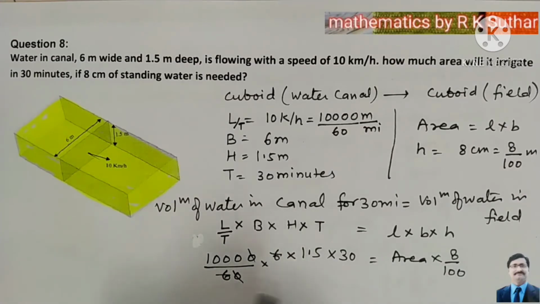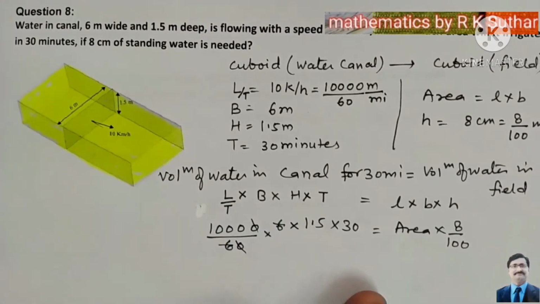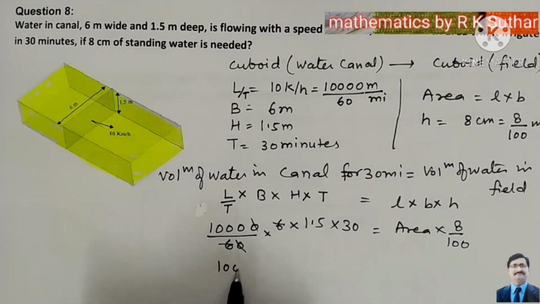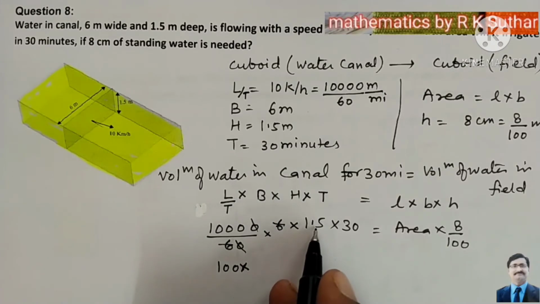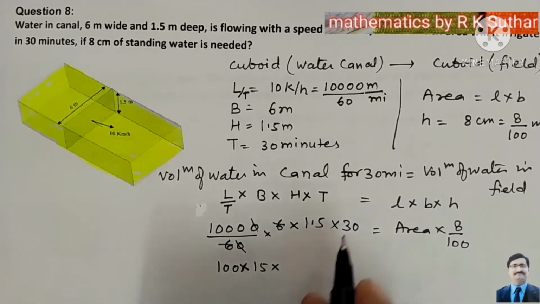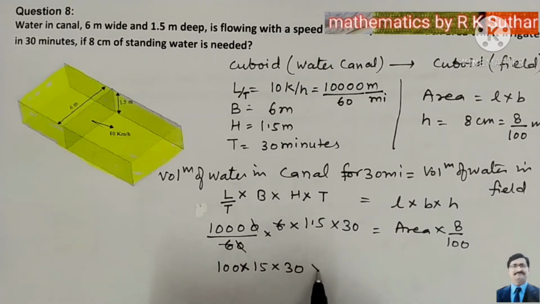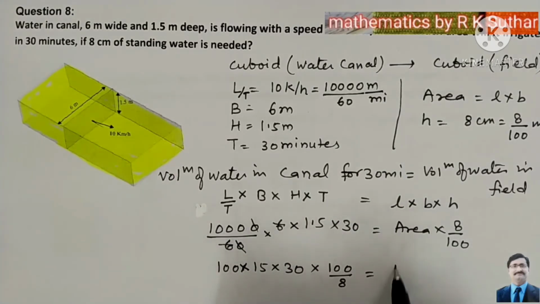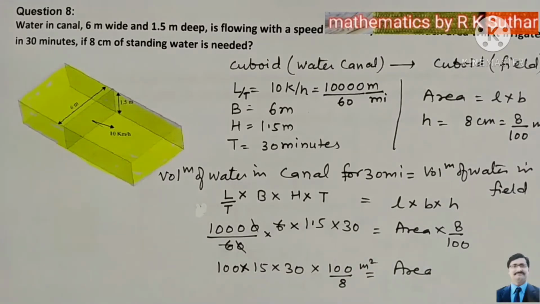So we can write here 1000, we can write 100 into, look at this 10, we multiply here we get 15, and 30, and this we write here, so 100 upon 8, and this is the area, and this area we get in meter square.